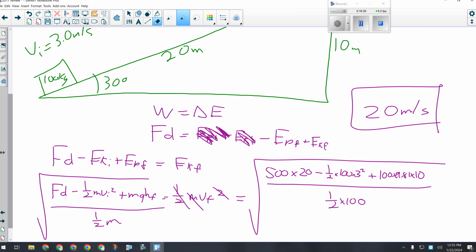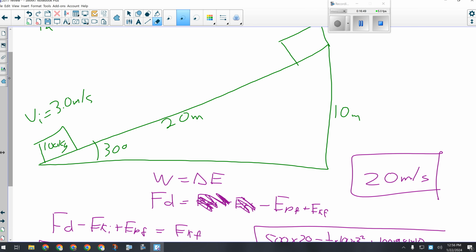Work energy theorem is the shortest way to do this. How many people started doing an inclined plane problem using the angle and all that? You can do it that way. You can do this as an inclined plane and find the acceleration. If you're doing it that way, then you're doing this as a Newton's second law problem.